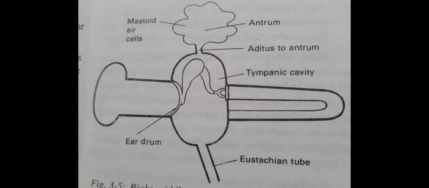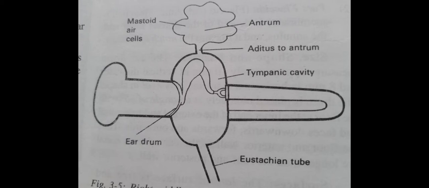The external auditory canal divides into the outer 1/3 and inner 2/3 portion. The outer 1/3 is cartilaginous and the skin is adherent to the cartilage, and therefore when there is any furuncle or boil in this area, that will be very painful.